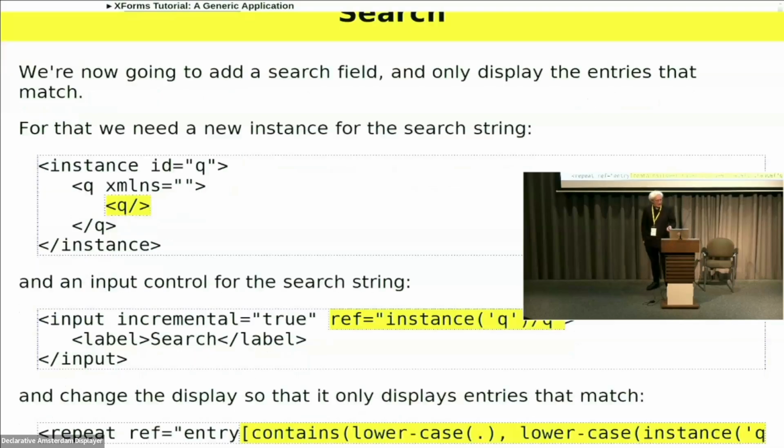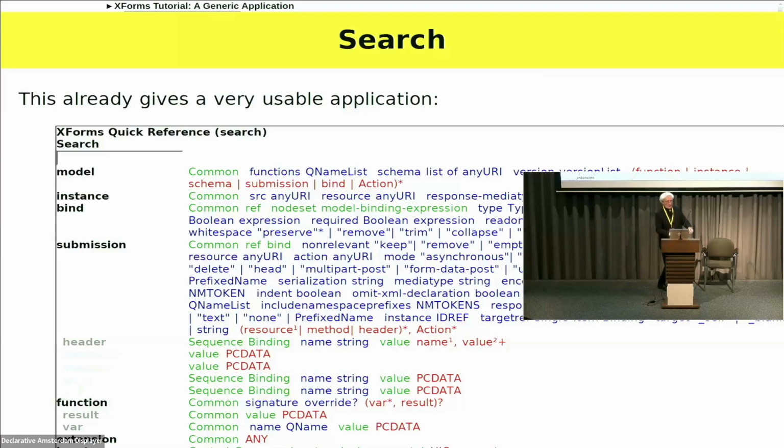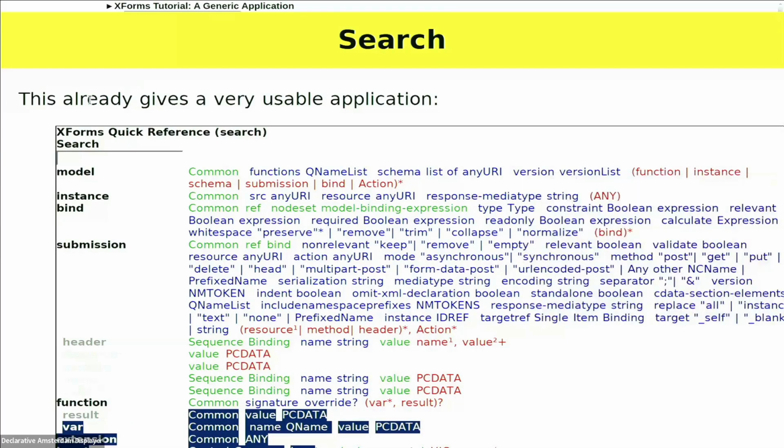And then we change the display where it said repeat ref equals entry to add this little bit here, where we only display the entries where the lowercase of the entry contains the lowercase of what's been typed in the search string. If we do that, then we already get quite a usable application.